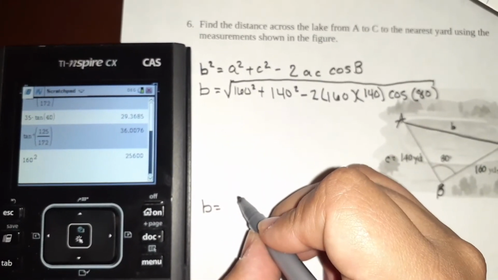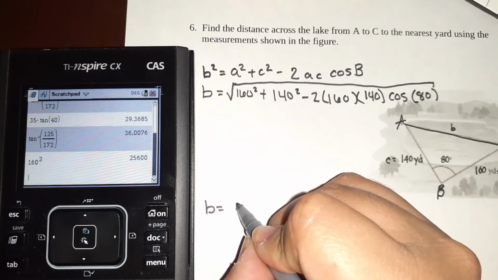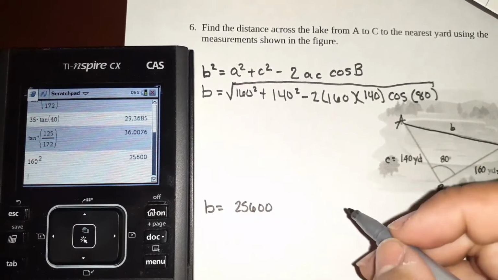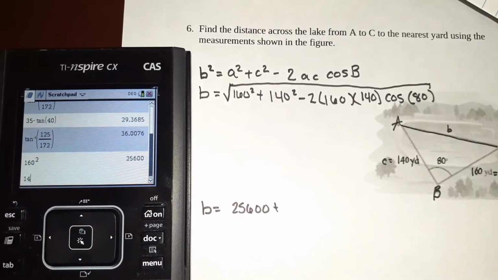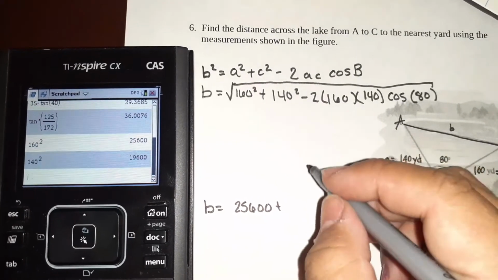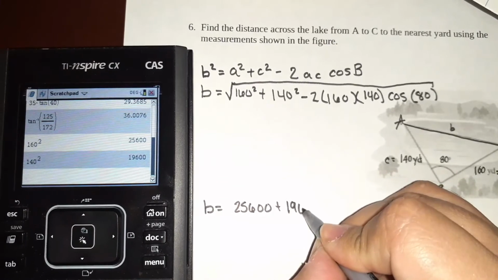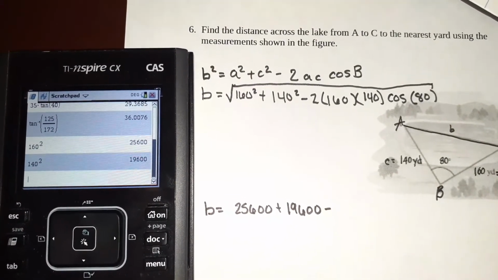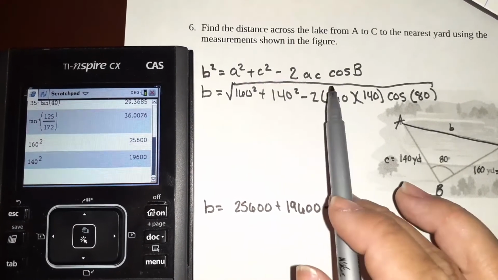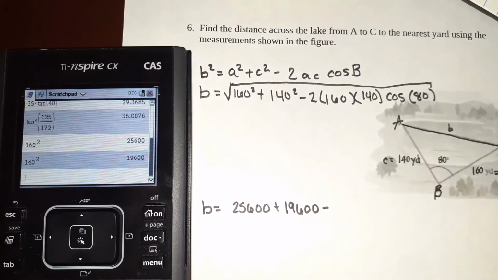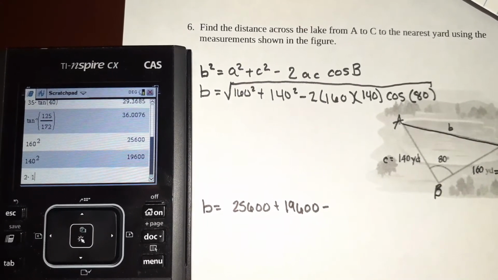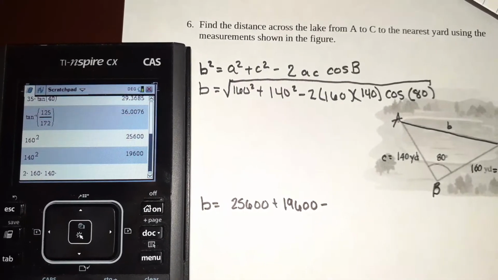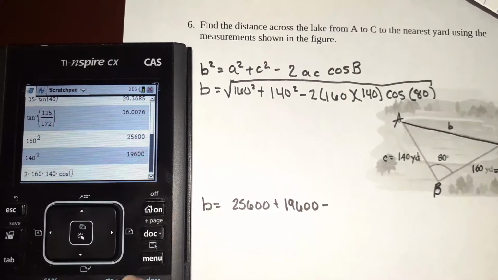So 160 squared is 25600, plus 140 squared, which gives me 19600, minus, and I'm going to multiply all of this together: 2 times 160 times 140 times cosine of 80.